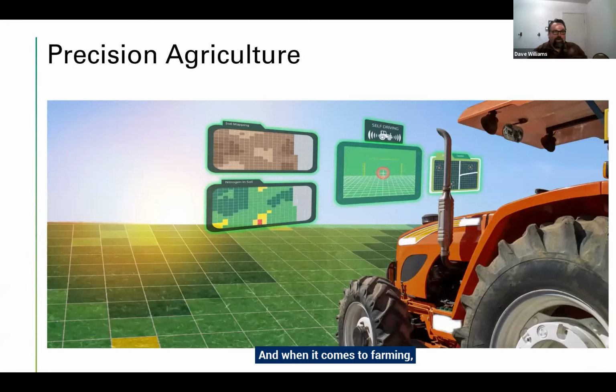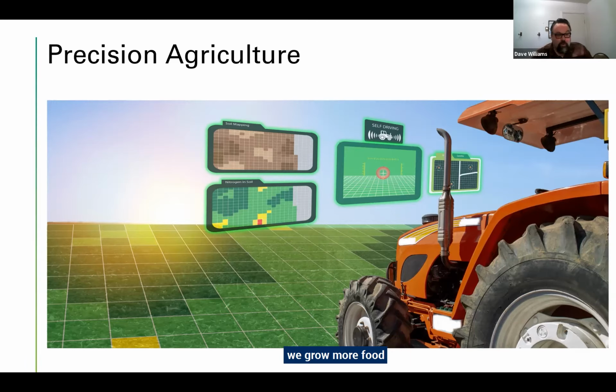And when it comes to farming, the state of the art and the way that we help meet and address the factors that I just laid out really is through something called precision agriculture, which is defined as marrying data and technology to intelligently apply seeds and inputs or fertilizers into a farm field so that we get higher yields.